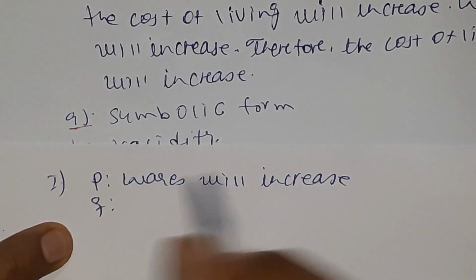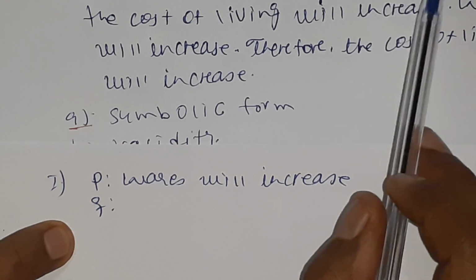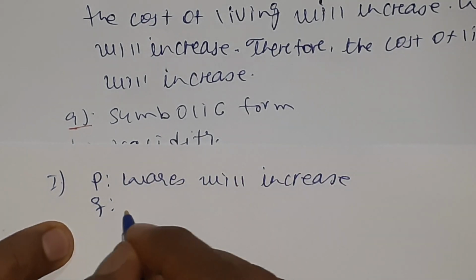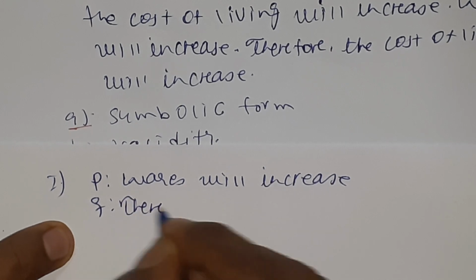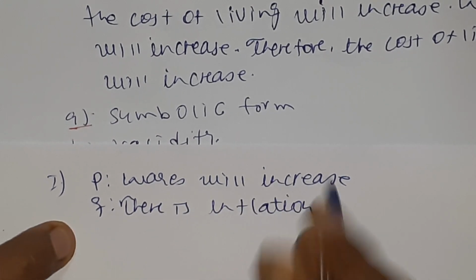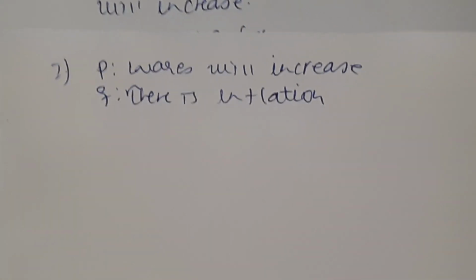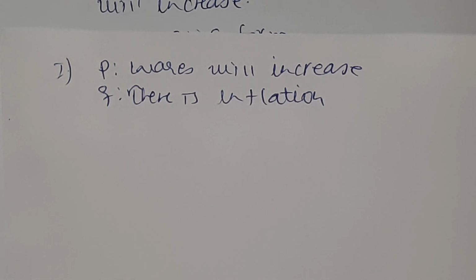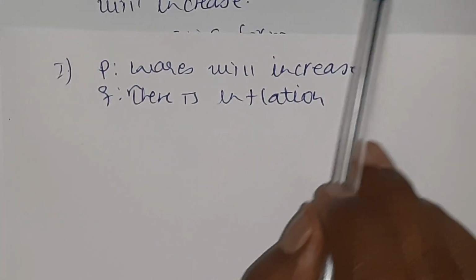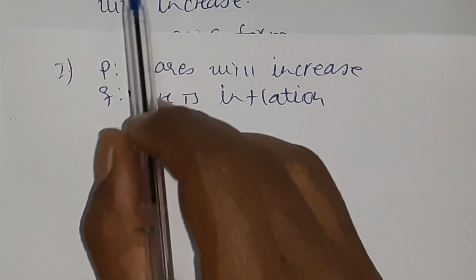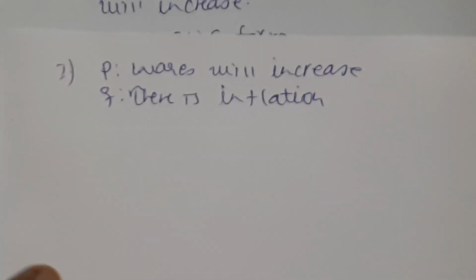Then the next one, which is combined with this one again: there is inflation. Next, from the second premise, if there is inflation, that is already represented here, then the cost of living will increase.